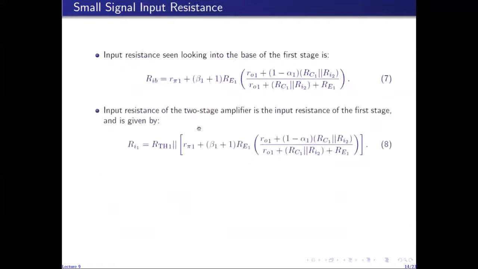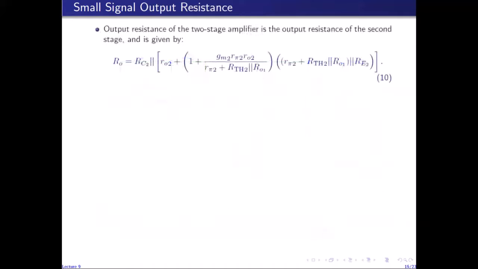So I can exactly use that expression we derived before to find the output resistance of the first stage. This is the expression we derived for the output resistance of common emitter amplifier without bypass capacitor, so we can directly use it to find the output resistance of the first stage.